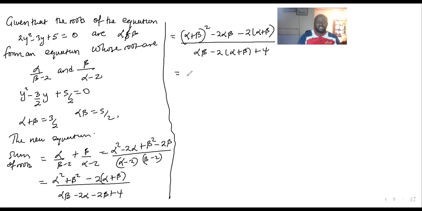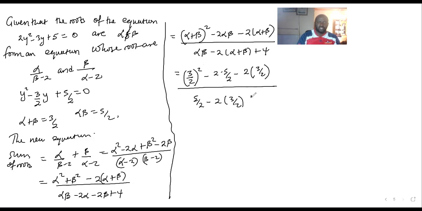With this, you get 3 over 2 all squared, minus twice 5 over 2, minus twice 3 over 2, all over 5 over 2 minus twice 3 over 2 plus 4. The 2 and the 2 cancel.